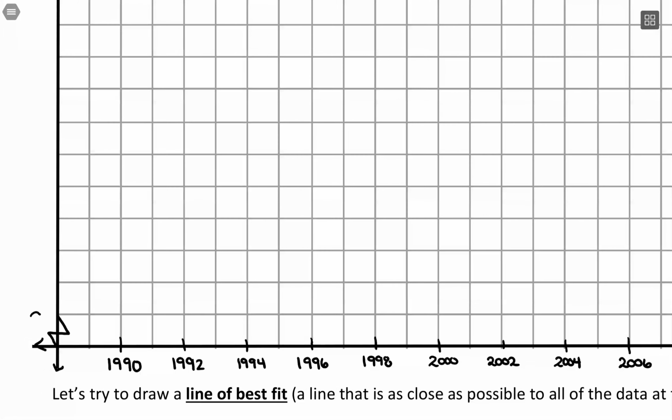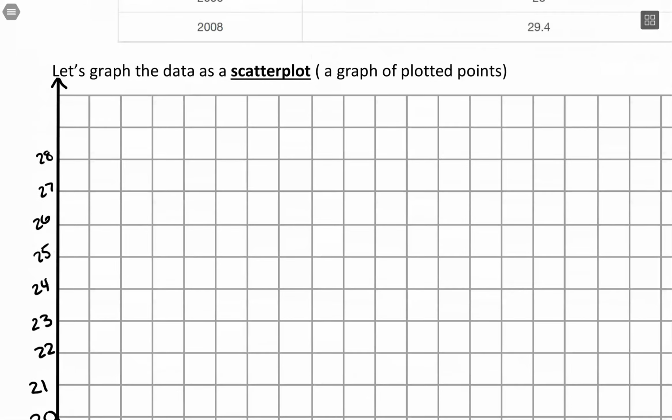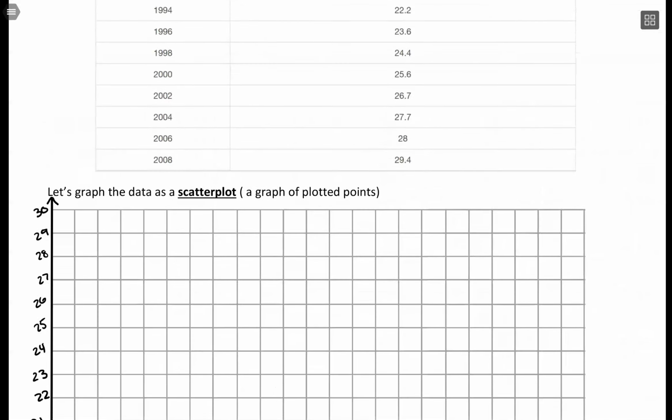We're going to start at 20, and then use units of 1, so 21, 22. The line break just shows we're skipping from 0 to 20 because there's nothing there. But then we'll use a scale of 1 for our axis. So 23, 24, 25, 26, 27, 28, 29, 30.